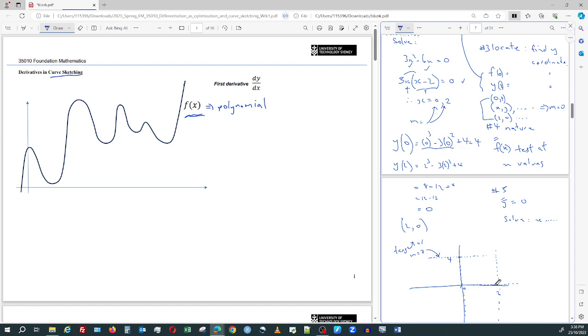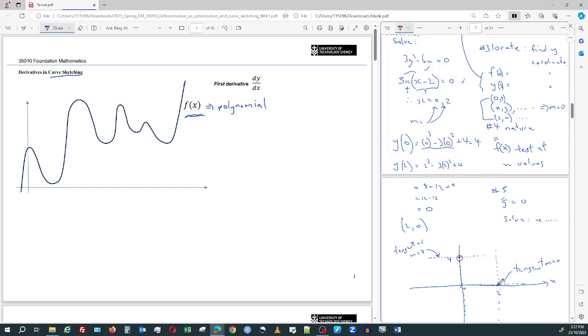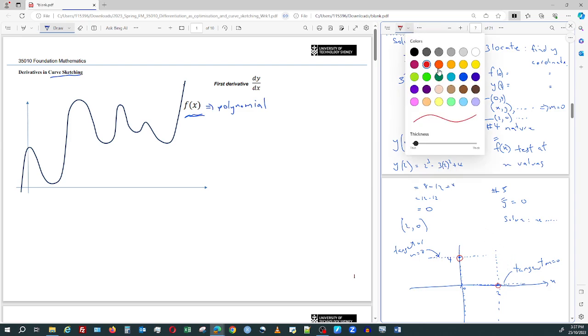Now I'm just exaggerating off the x-axis, but of course it would be sitting clearly on top of the x-axis, but that point there is a tangent, m equals 0. So we've got these 2 points, odd points that they are. I might just give them a little bit of a circle, a little bit of colouring, just to show that those 2 points have a tangent, and the tangent is m equals 0.